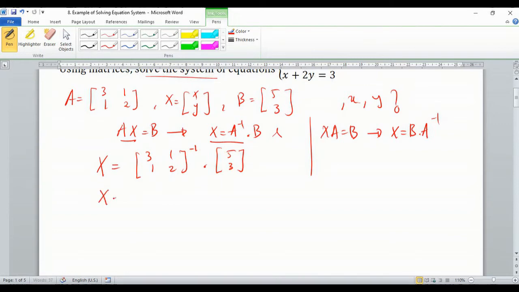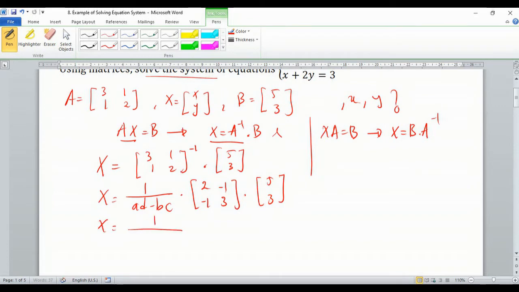First you need to do the inverse. The inverse formula is 1 over AD minus BC, times the matrix with the positions swapped and the signs changed, times 5, 3. Substitute: AD is 3 times 2 minus 1 times 1.